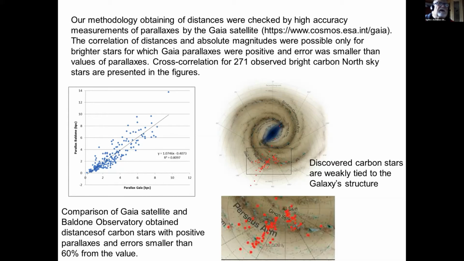Our discovered 49 carbon stars are displayed on the galaxy plane, and we can see that these carbon stars are only very weakly tied to the galaxy arms.